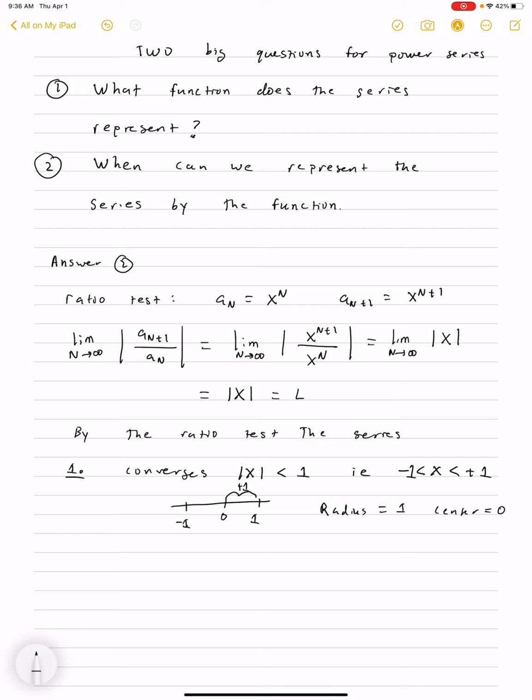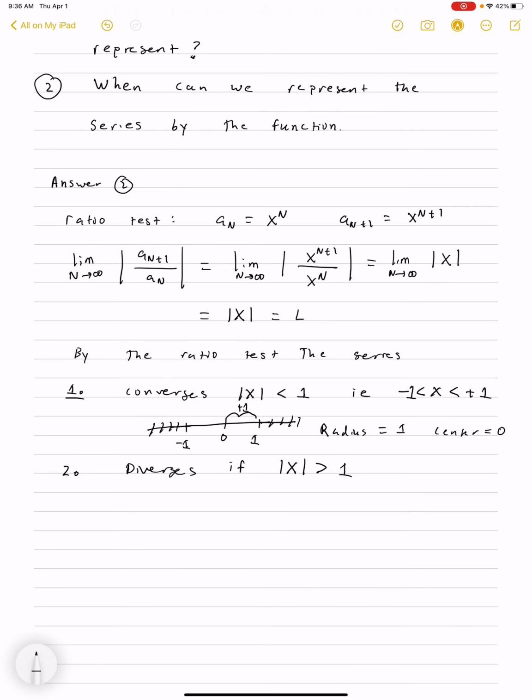Okay. Two, it diverges outside of this. So if here's 1 and here's minus 1, I'm going to dash that. That diverges there. By the ratio test, it diverges if the absolute value of x is bigger than 1.